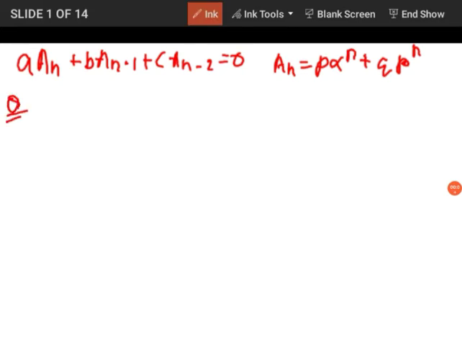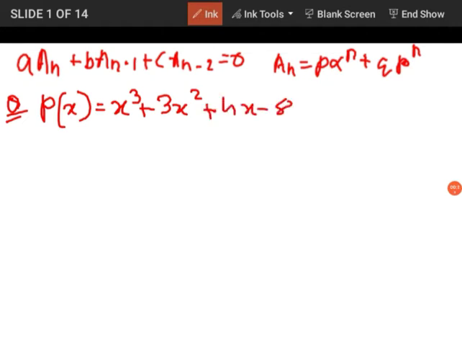First of all, the question is something like this: p(x) is a polynomial defined as x cube plus 3x square plus 4x minus 8, and it has roots, say, alpha, beta and gamma.